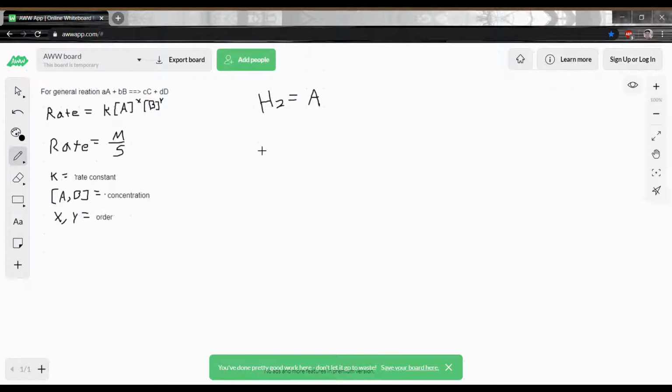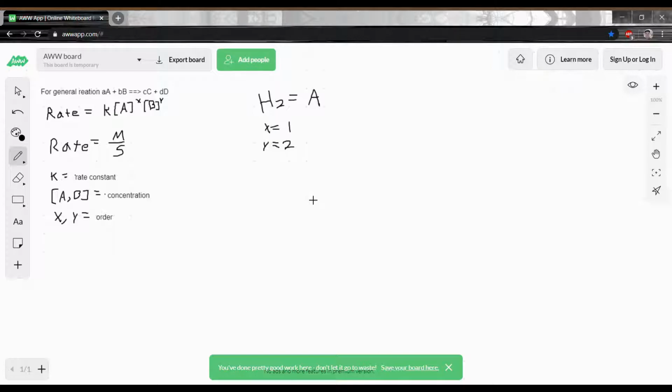So let's just say that our x is equal to 1 because we are told that the reaction below is first order with respect to H2 and second order with respect to NO. Now NO is going to be our B. B is raised to the y power. That means our NO being second order means our y will be 2.